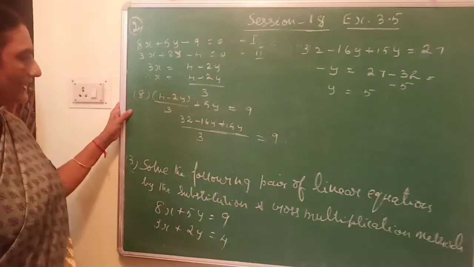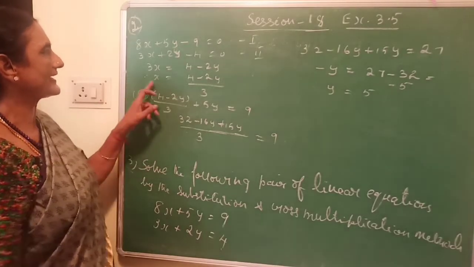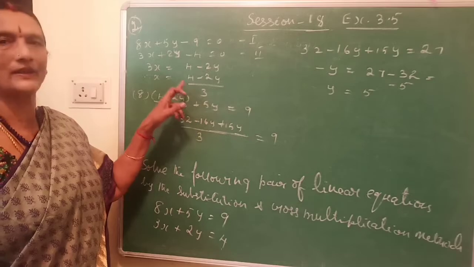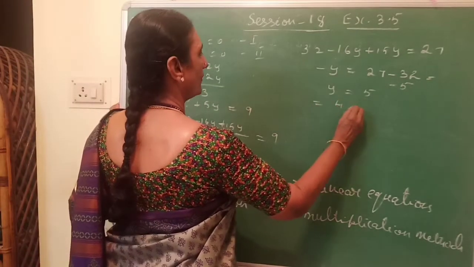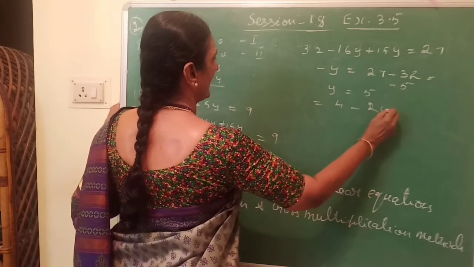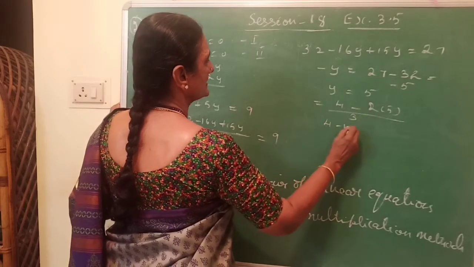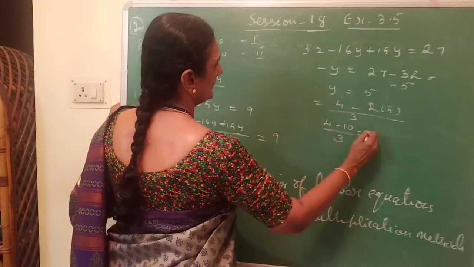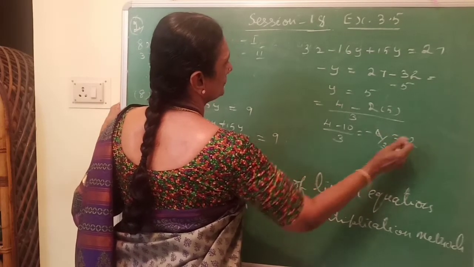Are you understanding? Now substitute for the x value here. You have got x is equal to (4 minus 2y) by 3. So if you substitute, you will get 4 minus 10, isn't it? 2 into y is 5, by 3. So what do you get? 4 minus 10 by 3. So you will get minus 6 by 3. The answer is minus 2.